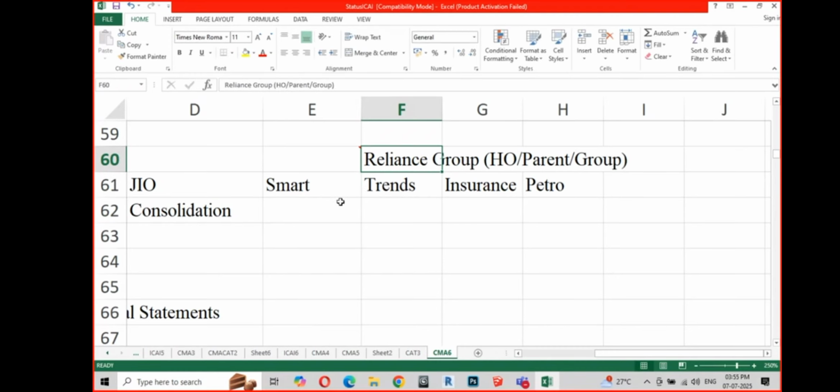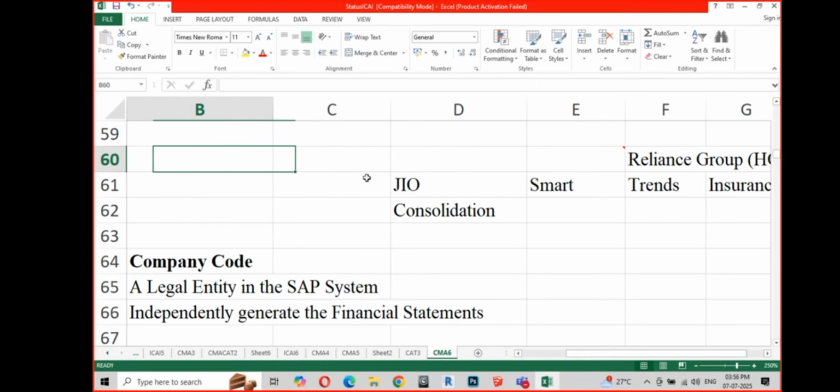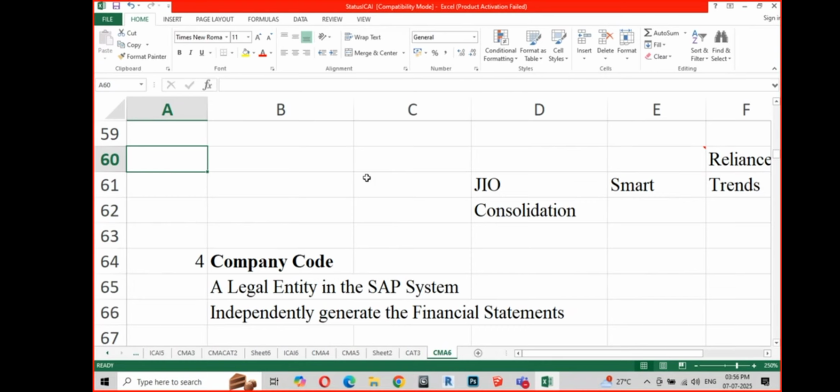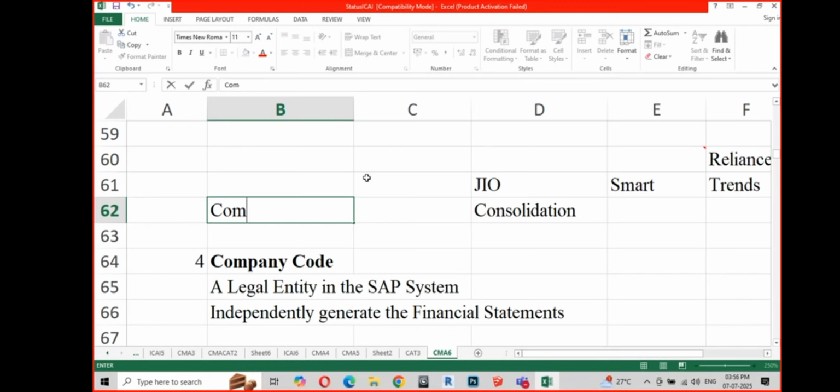so what is this Reliance called in SAP? This group, I'm talking about the mother company. This is called, I'll make it number 3, the company. It is not the company code.